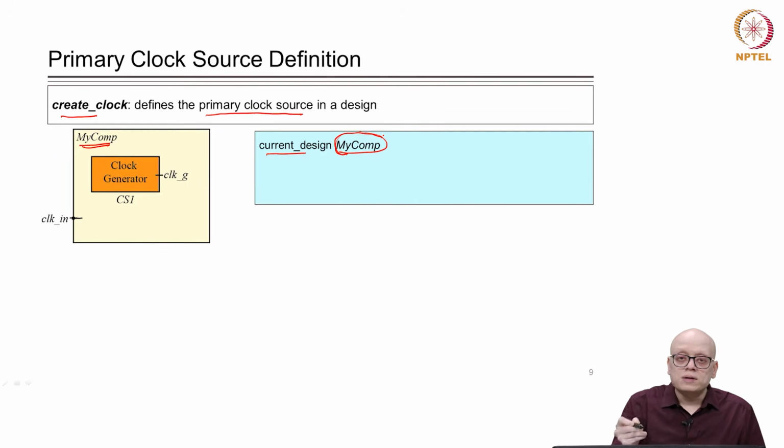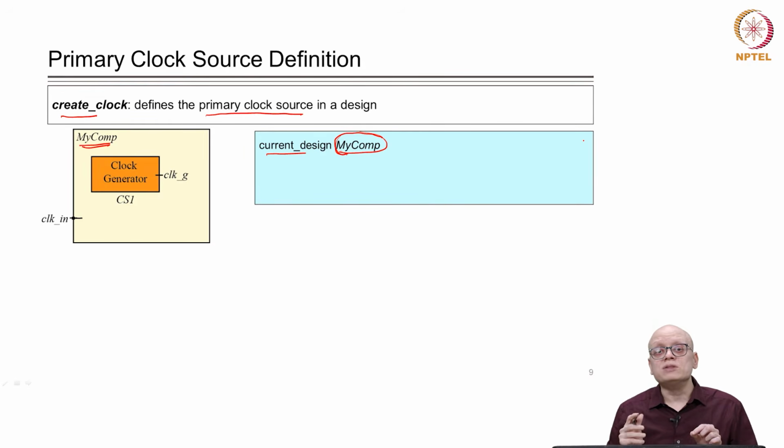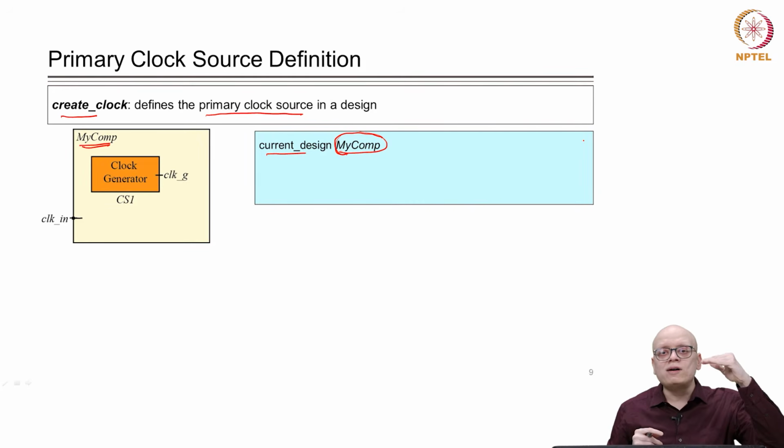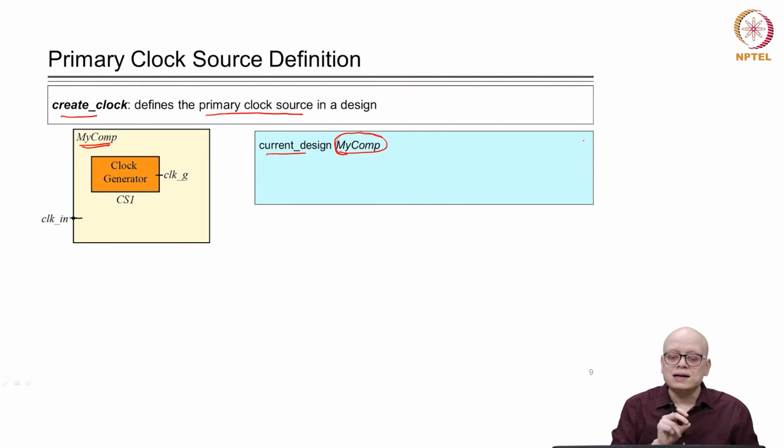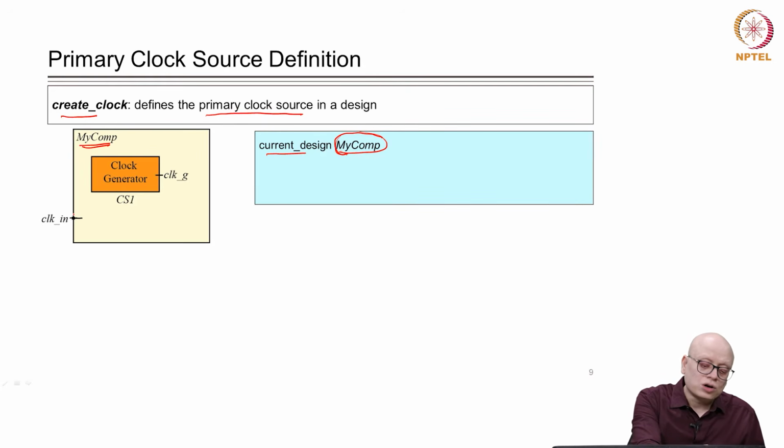At times the tool can infer the current design that it is operating on, but if we want to explicitly mention that this SDC file is valid for a given design, then at the top of our file we can simply write current_design and my design name. The design name is mycomp in this case, and then we define the clock source.